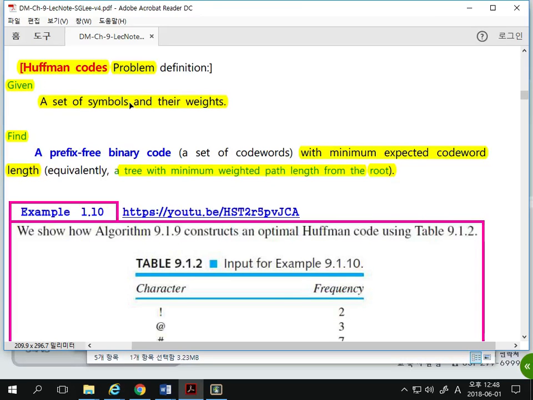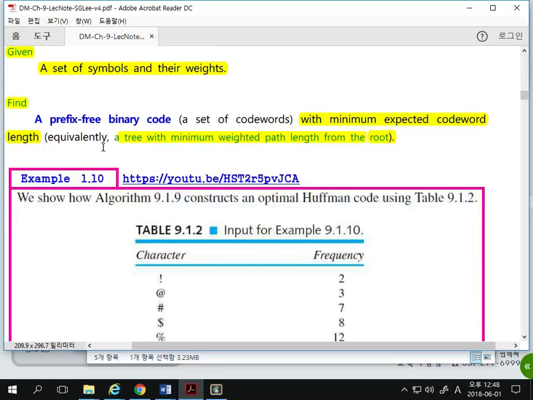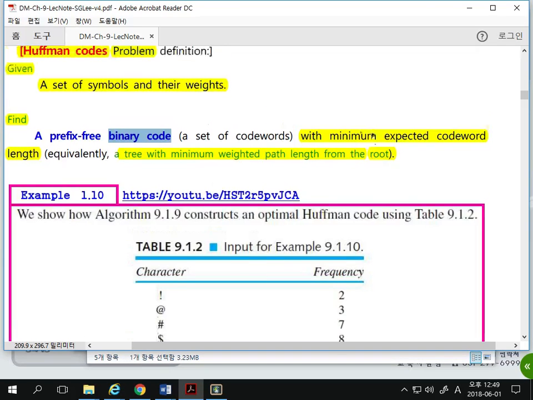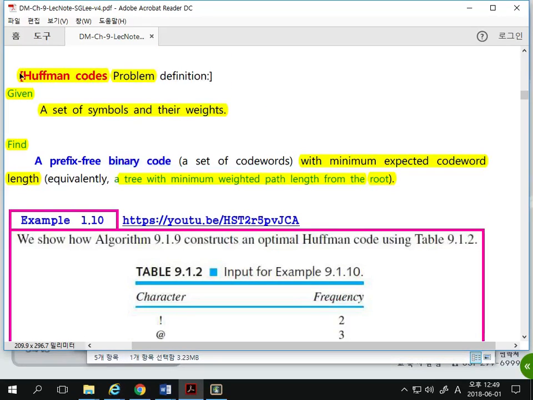Given a set of symbols and their weights, find a prefix-free binary code with the minimum expected code word length, which means a tree with minimum weighted path length from the root. This is the definition of the Huffman code problem.